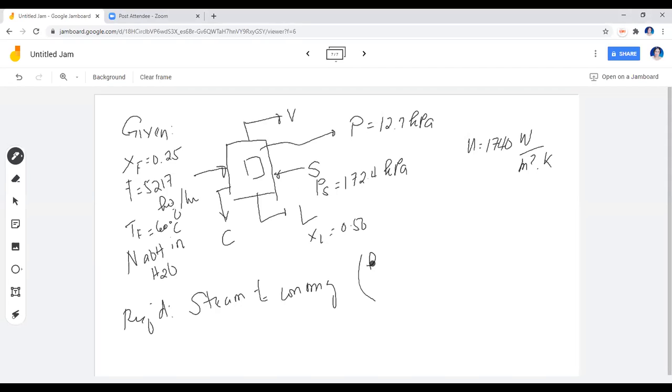Kilogram vaporized over kilogram steam used, Miss. Kilogram water vaporized per kilogram steam used. Correct, Sarah? If you're going to represent this in terms of the variables that we have here, that would be what?